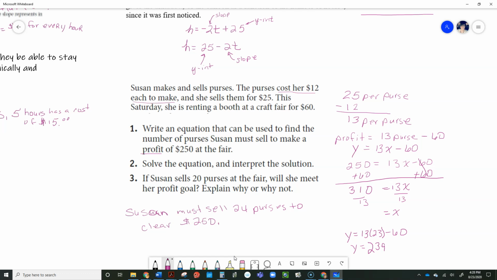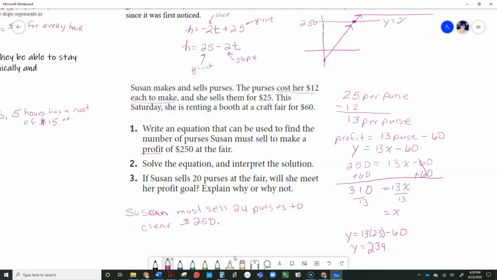No, she will not. And the reason is, if we were to graph this, she started off at $60 in the hole, so it's going to look something like this. And 250 is going to be way up here. So this dot right here, this is $250. You can draw that straight line right there to represent $250.